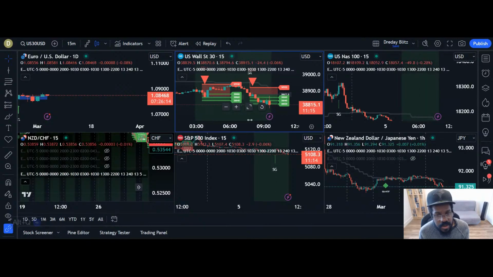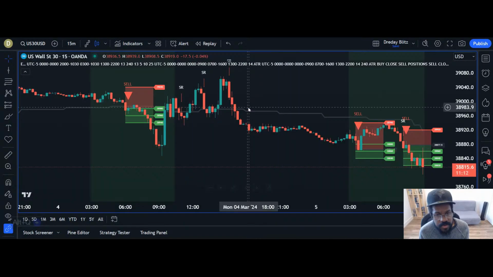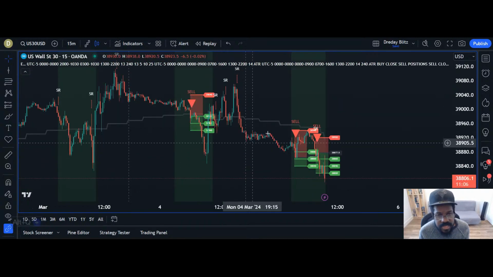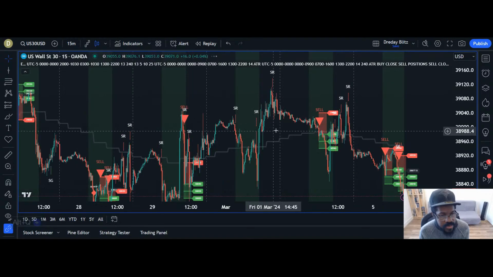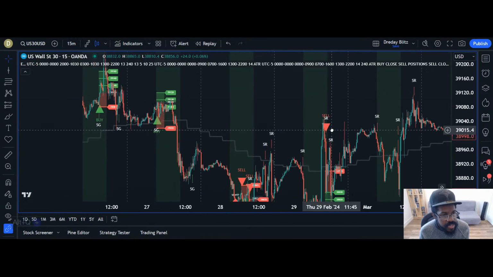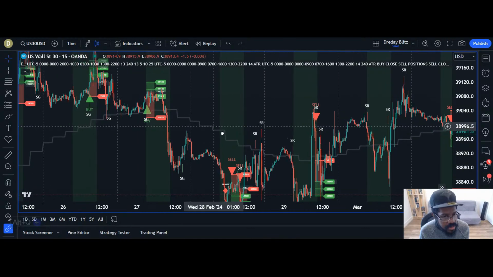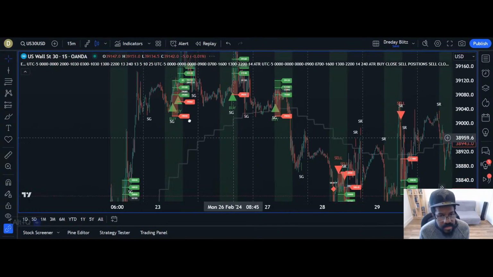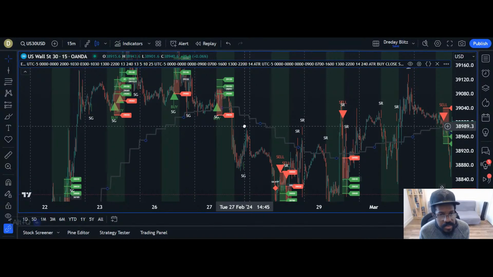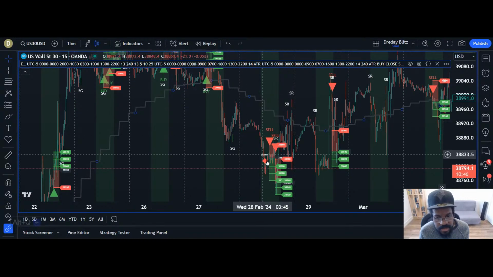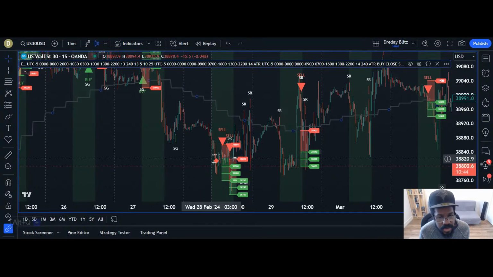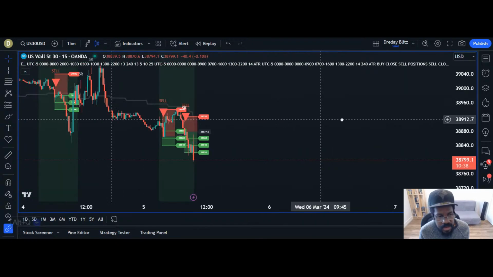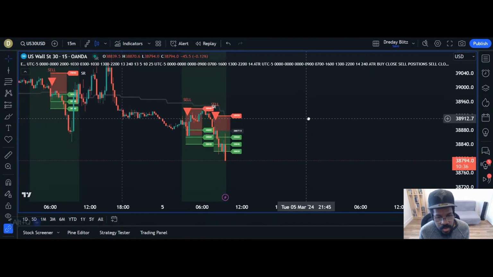Let's see how everything's going so far this morning for the indices. We did have some sell setups on US 30. We're bearish since this point here, since Wednesday, and now it's starting to do the move.